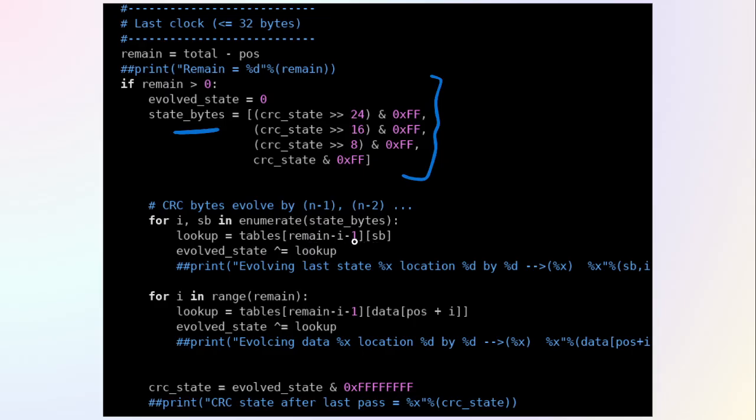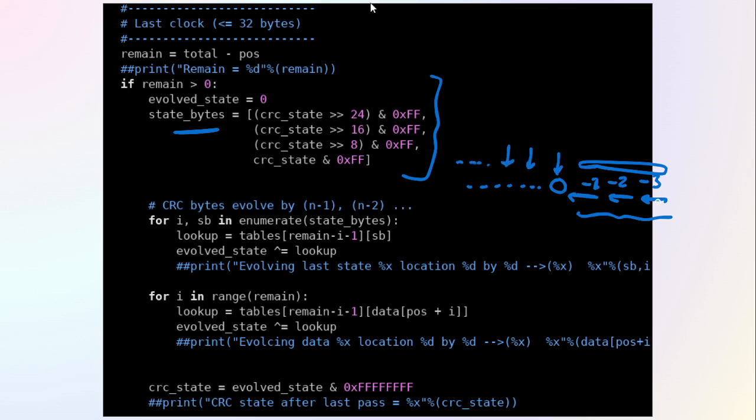The way I have set up my tables is that these tables will go down to 0, and when you go negative, -1, -2, -3, the lookup tables will just shift the data. If you're 0, it will evolve. If you're 1, it will evolve, and so on. But if you're negative, we just basically look up.